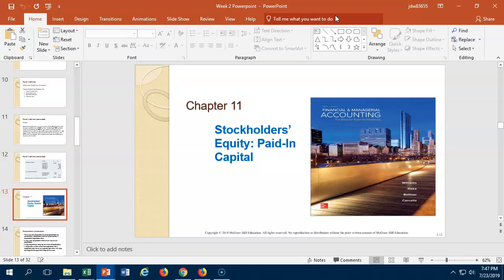So the question I'd be asking yourself when you're reading the text is, what does paid-in capital represent, and what does retained earnings represent, and try to answer that question.